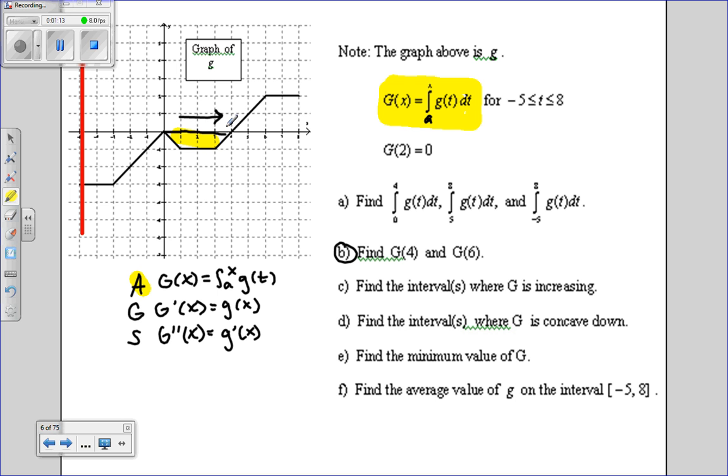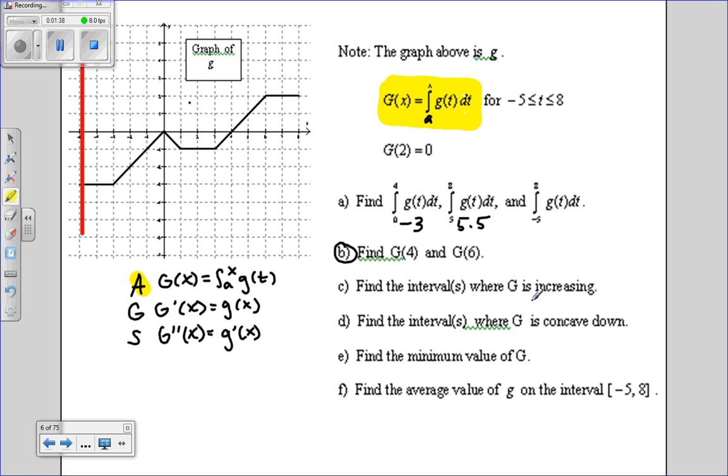We're moving to the right, so positive if above, negative if below, and we have 1, 2, 3, so this is negative 3. 5 to 8 would be 1, 2, 3, 4, 5.5. I'll leave that one.